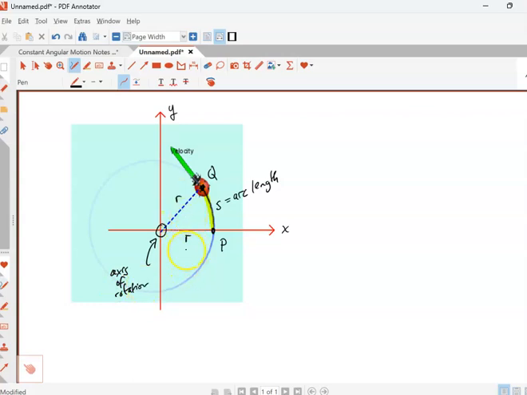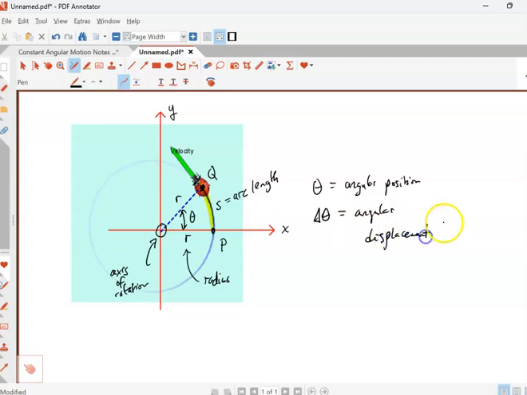And then this distance in here, this is the angle. Theta is known as the angular displacement or angular position, if you'd like to call it. Okay, so delta theta would be basically angular displacement.